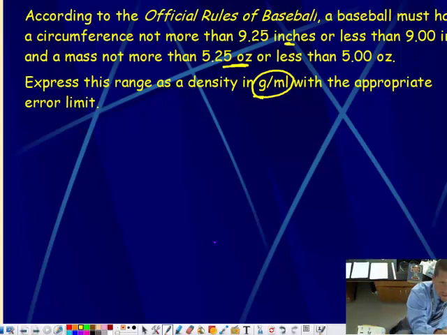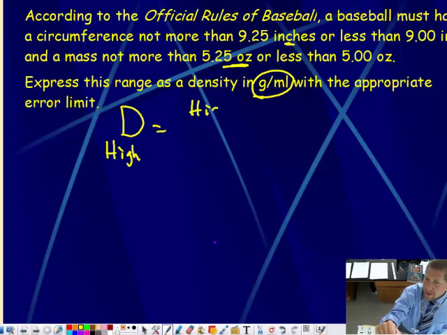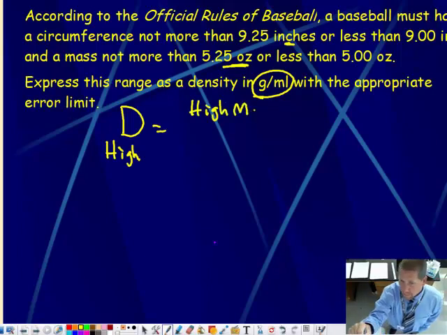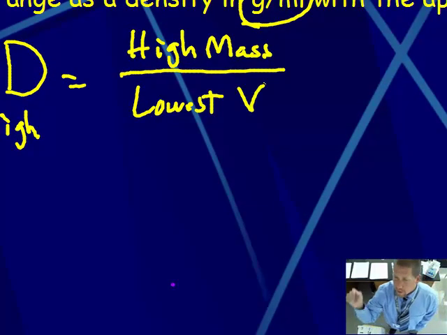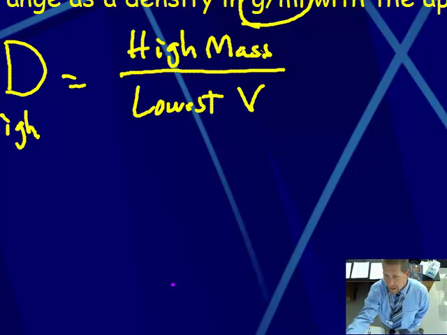All right, so worst case scenario says to find the high density, I need to find the highest mass possible and divide that by the lowest volume possible. So anything I have on the top, I want the highest. Anything I have on the bottom, I want the lowest. That way I'm dividing by the smallest number possible, and I'm multiplying by the largest number possible to get the highest possible density.